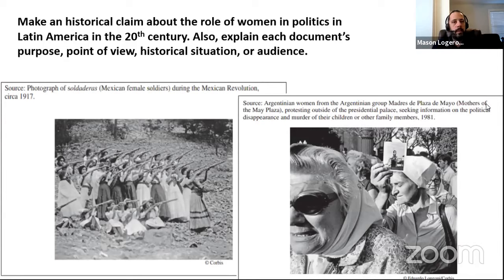And as always, when you're thinking about sourcing, make sure you read the source line of any DBQ. I promise it's going to help you. Even in this case, if you don't know a lot about the Mexican Revolution or about what happened in Argentina in the 80s, you can still use that sourcing to help you piece it together.